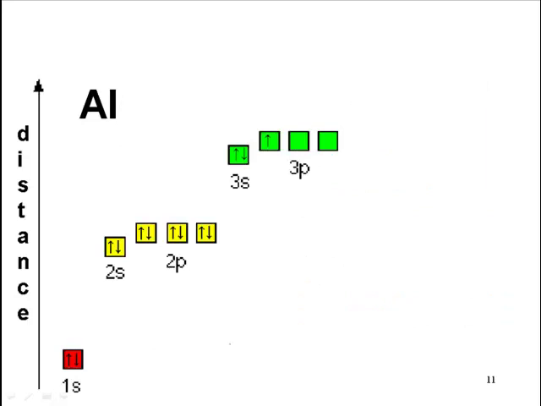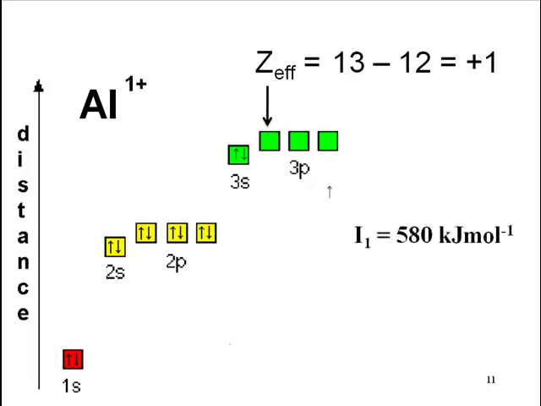All right. So why does this happen with aluminum? Here's an orbital diagram of aluminum. How many electrons does aluminum have in the 3p? 1. How many in 3s? 2. So, try to take 1 away, it's in the 3p. The Zeff right now would be 13 minus 12, so it's got a plus 1 Zeff based on its position here.